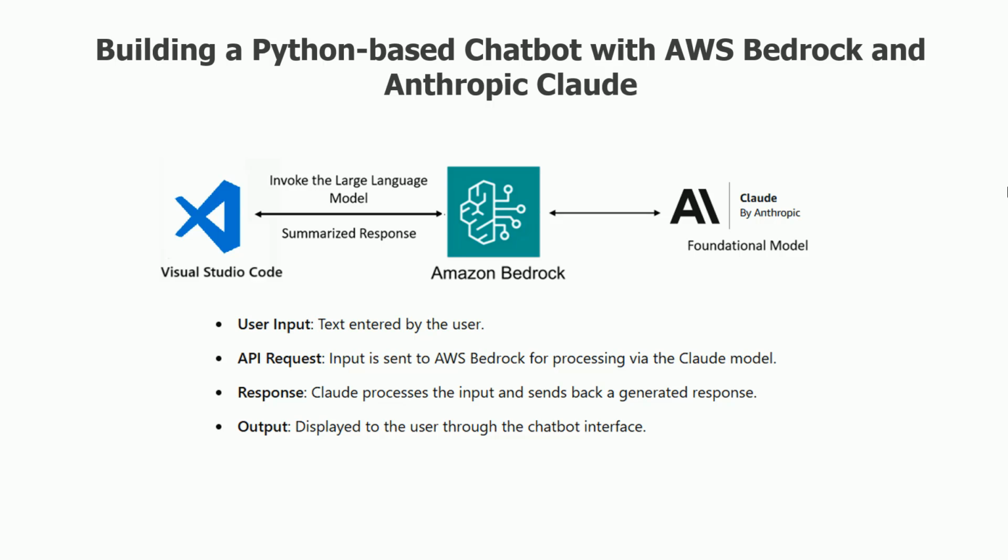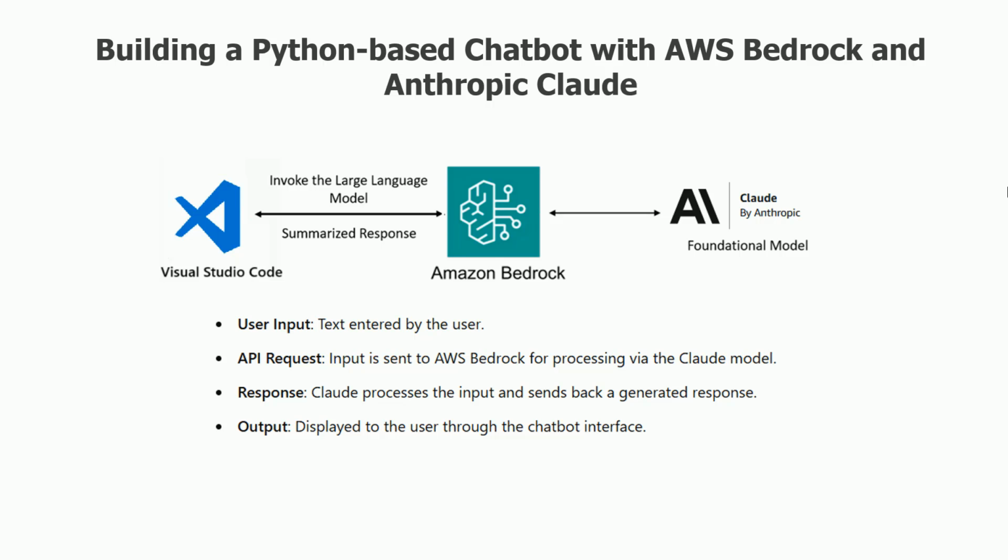And here in this project, for writing the Python code, we are going to use Visual Studio Code. So the Python code interacts with the AWS service using the Boto3 library, which makes it easy to call AWS APIs from a Python application.